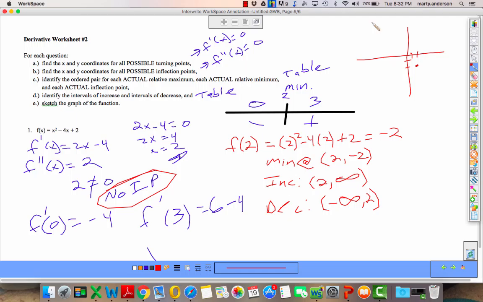So I could put a 0 in there, and I get 2. I know I've got symmetry here because we've got a parabola. But I could put 4 in there, would be 16 minus 16 plus 2. Hey, there you go. And we have an ugly looking parabola.